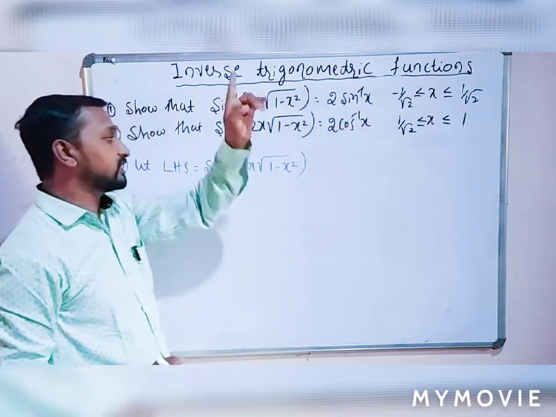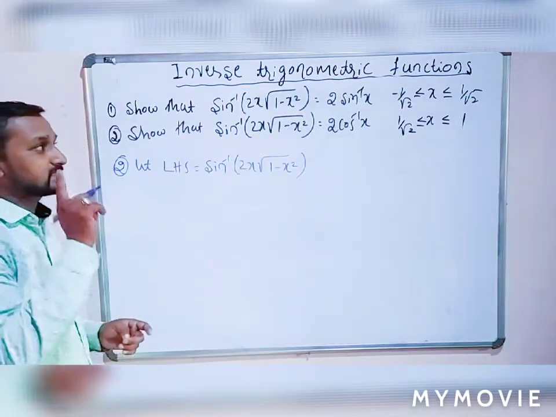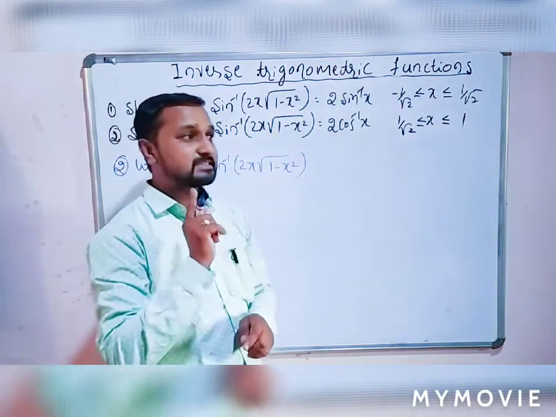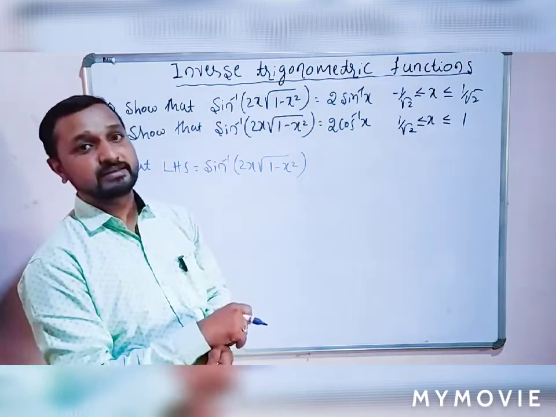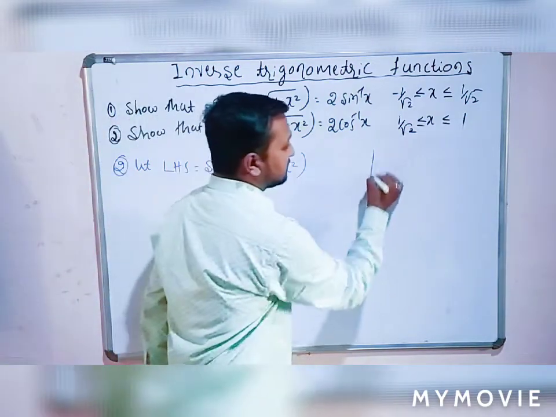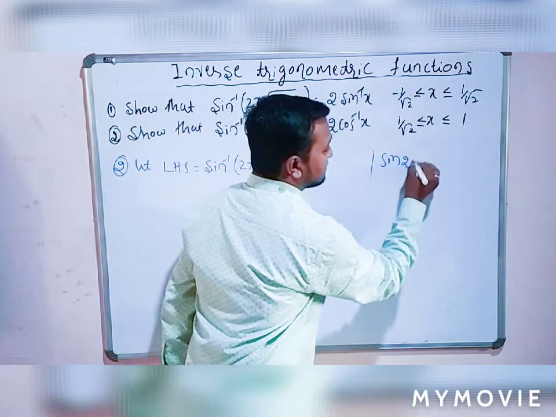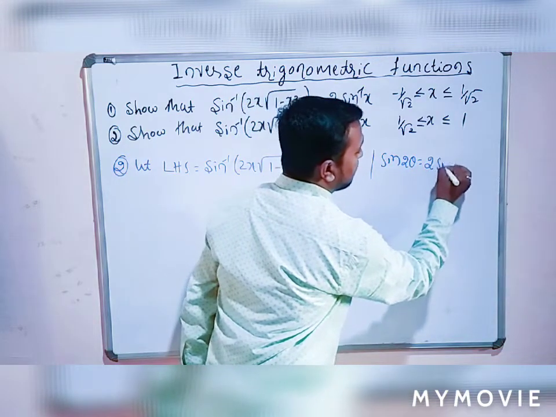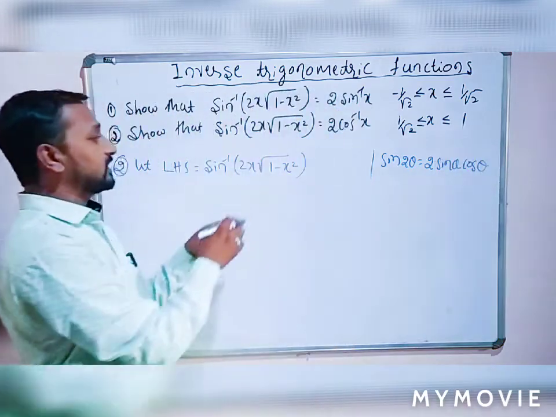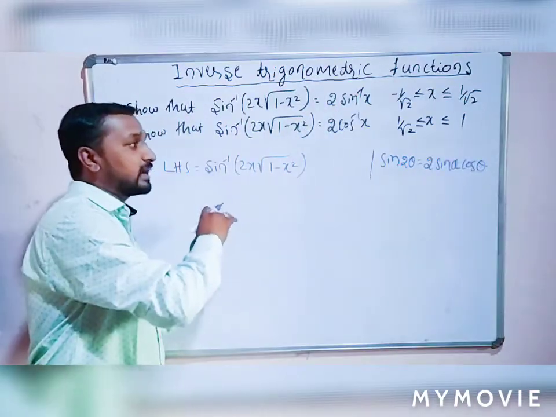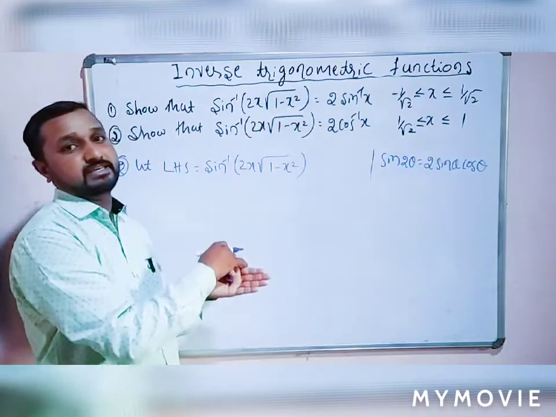In first PUC we already studied a standard formula: sin 2 theta equals 2 sin theta cos theta. In these examples put x equal to either sin theta or cos theta.